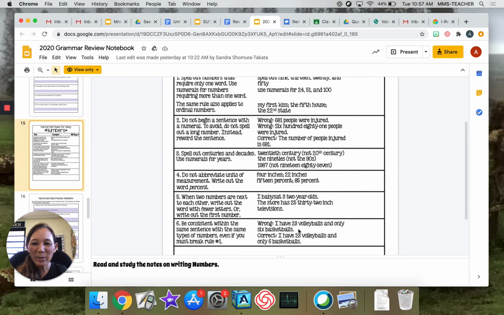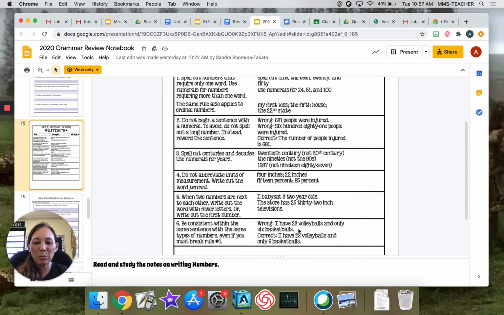Number 6, be consistent within the same sentence with the same types of numbers, even if you have to break rule number 1. So here's an incorrect one. It says, I have 23 volleyballs and only six basketballs. So you notice that one uses numbers, and the other one is spelled out.